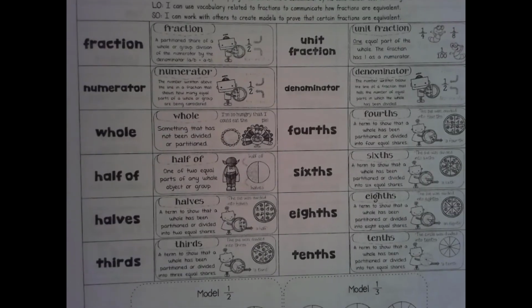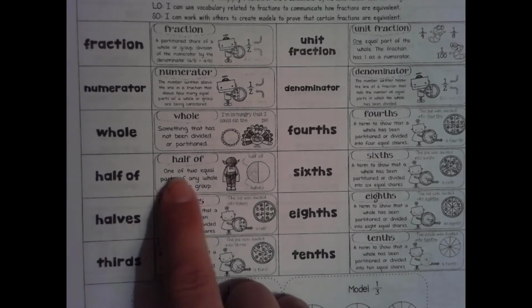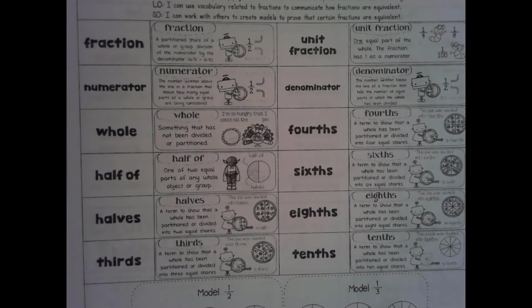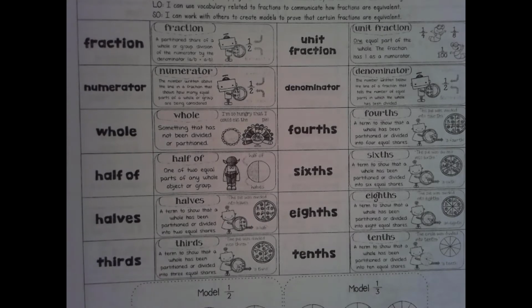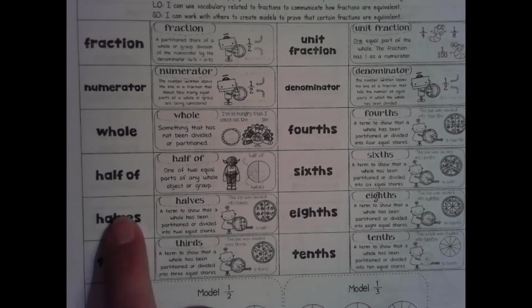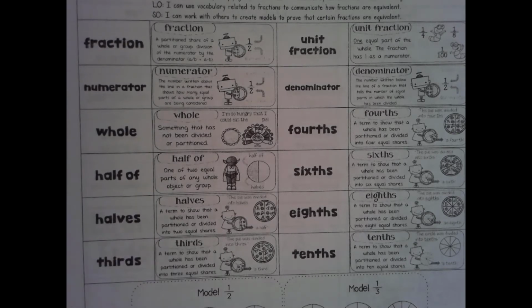So here are different terms for fractions. Half of, one of 2 equal parts of any whole object or group. Halves, a term to show that a whole has been partitioned or divided into 2 equal shares. So halves means cut into 2. Half of, cut into 2 equal pieces.